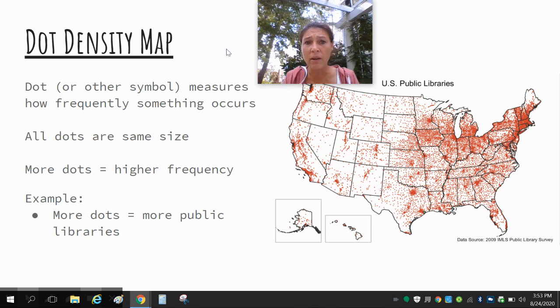If we were in class, I would ask you this question, so I'm going to ask it for you, and I'm going to put it in the Edpuzzle as well. Why do you think, as you're looking at the patterns here, what's the correlation? Why are you seeing the clusters of public libraries where you are seeing them? What might help explain that phenomenon? I'll tell you later.